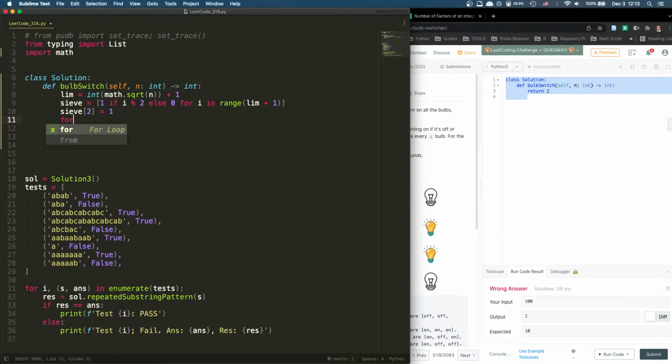Now we're going to say for i in range 3, 5, and so on. So we go through all the odd values, right?